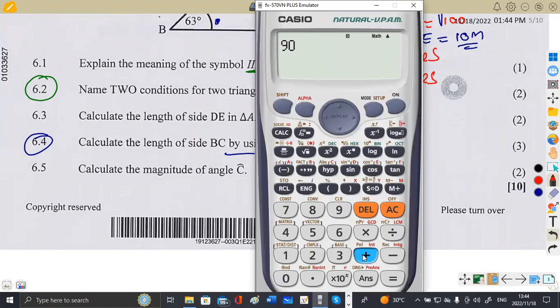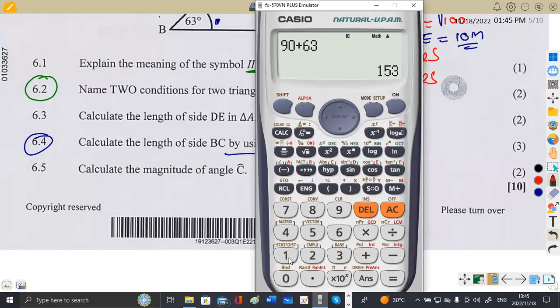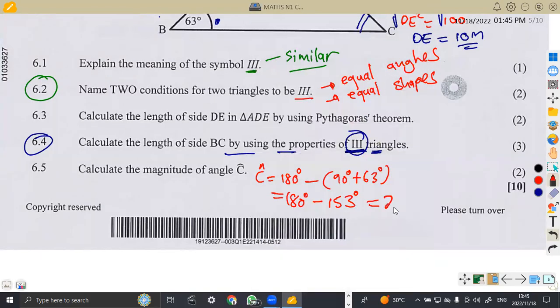What do we have from 90 plus 63? That's 153 degrees. And if we subtract, 180 minus 153 degrees, we are going to obtain 27. So this is going to be 27 degrees, which is angle C.